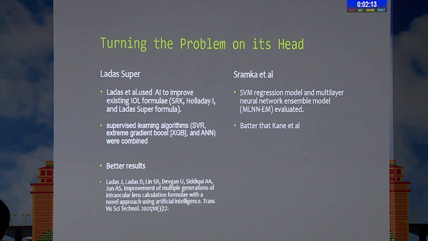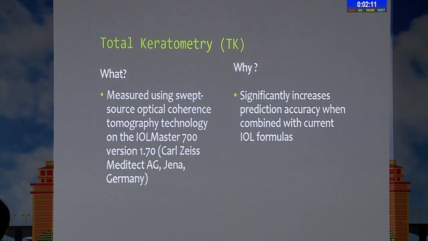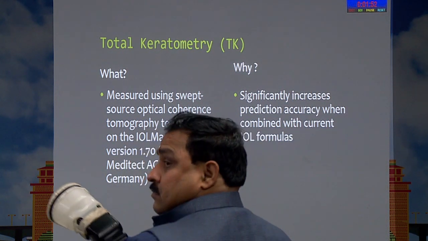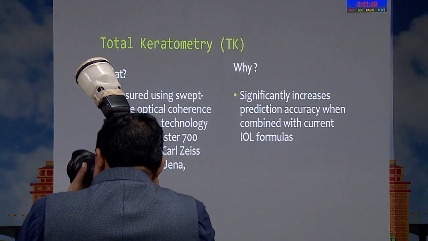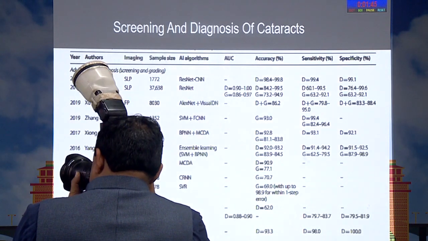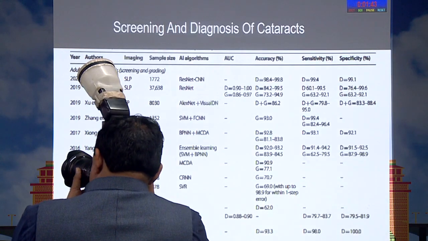So it improves the predictability linked to surgeons. So you're able to actually personalize your surgery to a particular type of patient in a predictive manner. The IOLMaster 700 uses a swept source to give you total keratometry, which, even with the traditional formulae, is giving you more accurate and more predictable results.